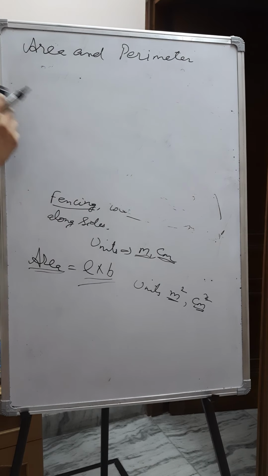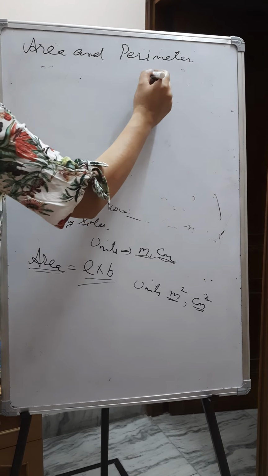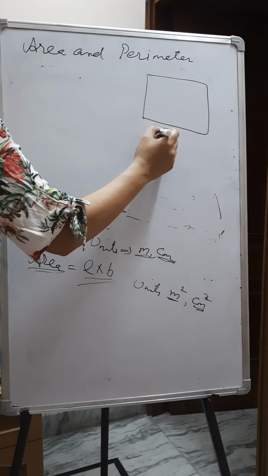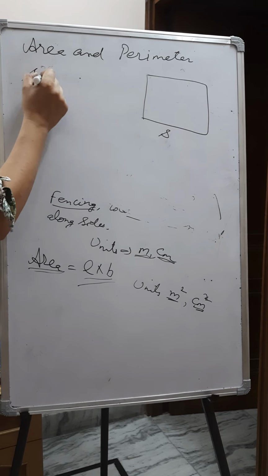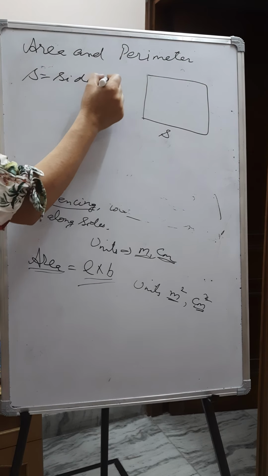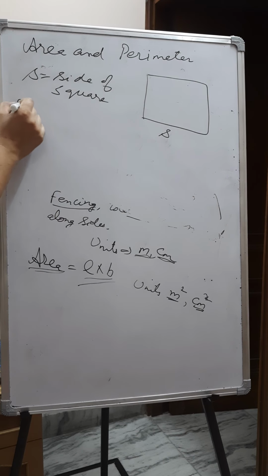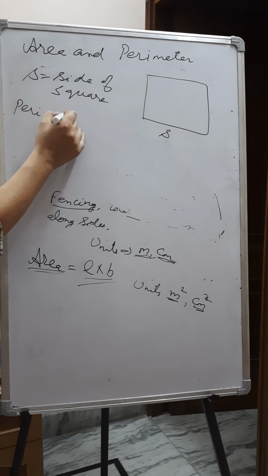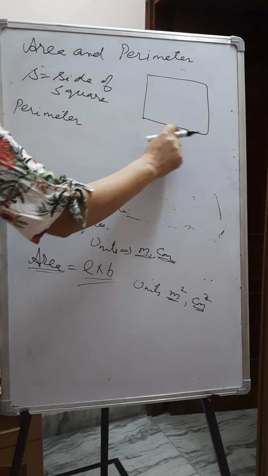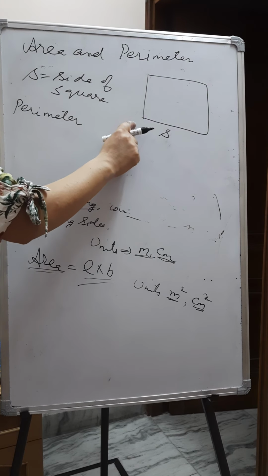Square, as you know, has all sides equal, and we generally write the side as S. S is the side of square. Again perimeter. Perimeter is the boundary, the length of the boundary wall.